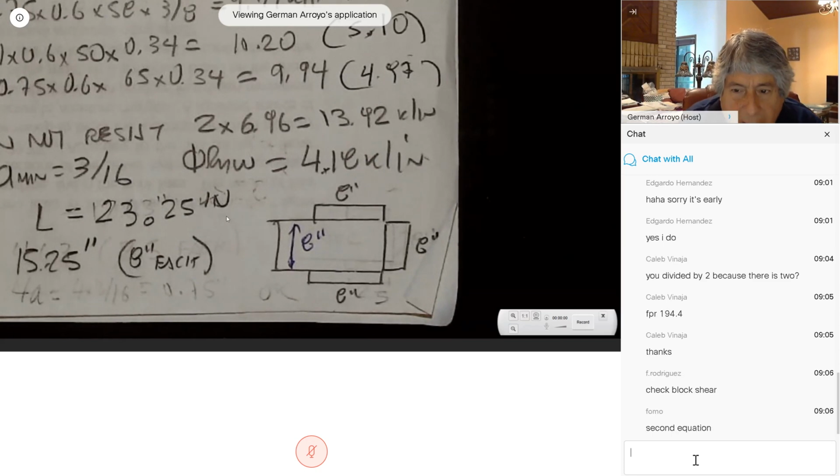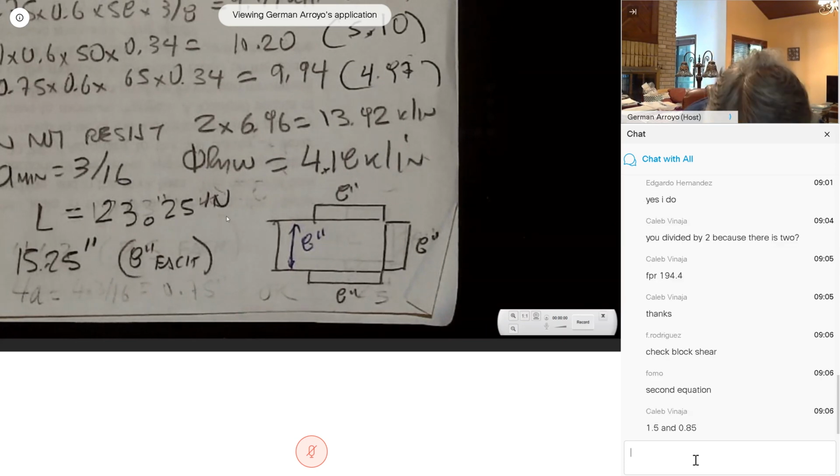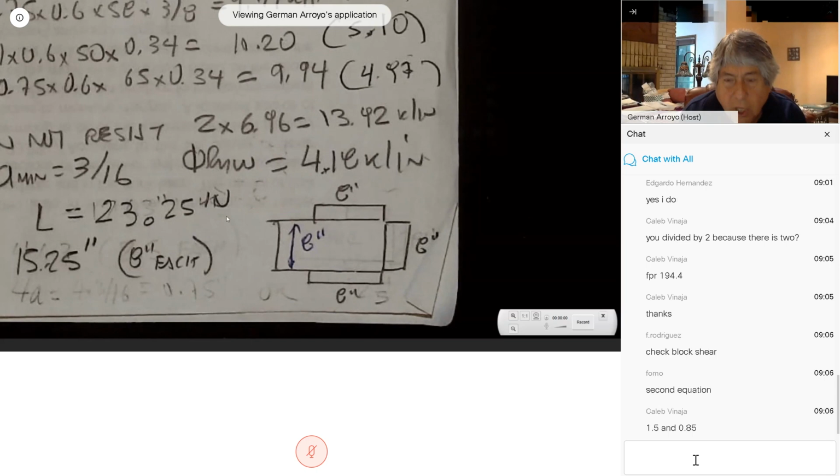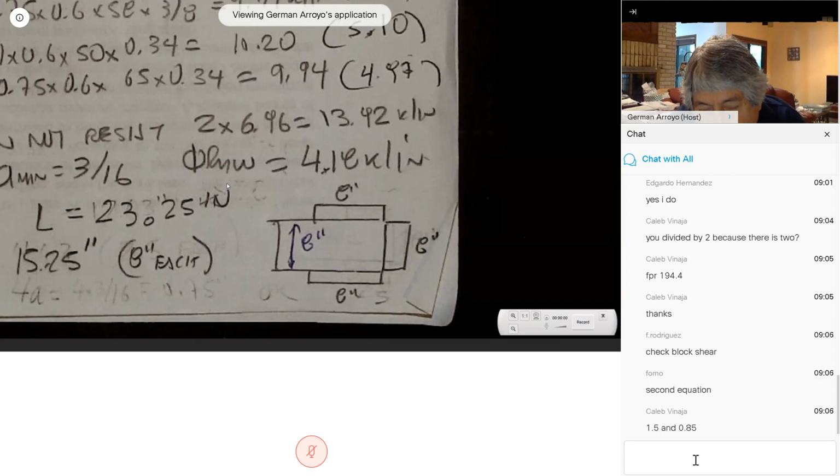The code said you have to check, assuming that the capacity of the transversal weld is 50% stronger, so 1.5, and assuming that the longitudinal is 15% weaker, 0.85.